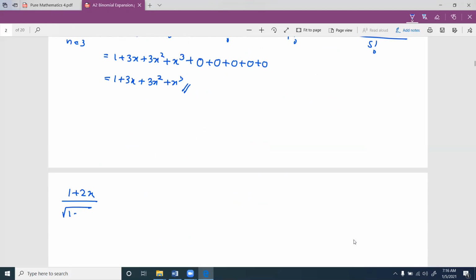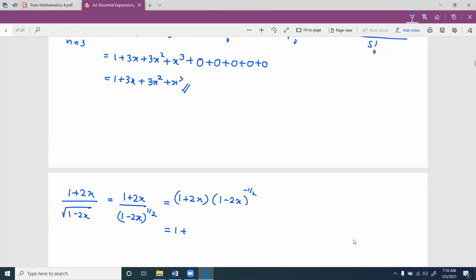Then this one you can say is 1 plus 2x divided by 1 minus 2x to the power half. Then you can say this is 1 plus 2x times 1 minus 2x to the power minus half. Now, there is no need of working it out in binomial expansion for this, as it is power 1. Therefore, this is the expression.